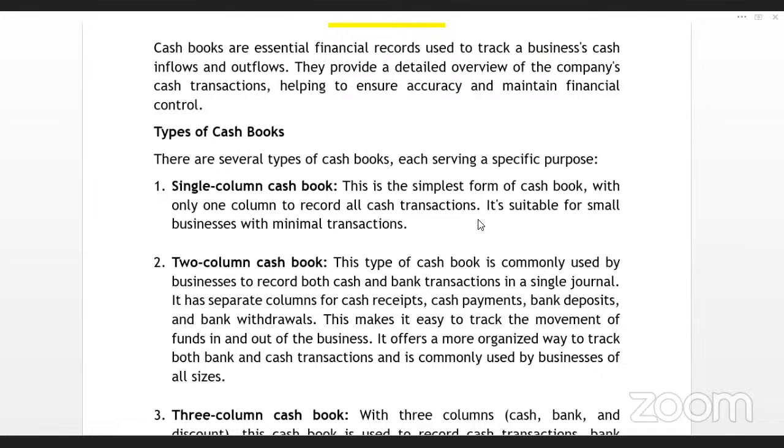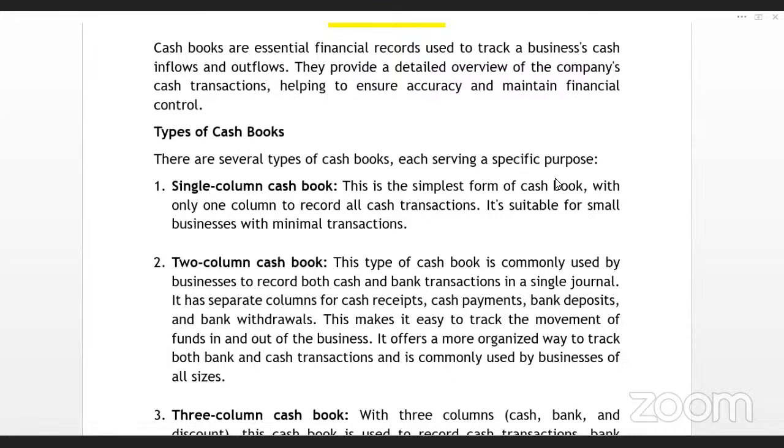Members online, those on YouTube and those on Zoom, what is a single column cash book? Who can briefly explain what a single column cash book is? Yes, Pascal.